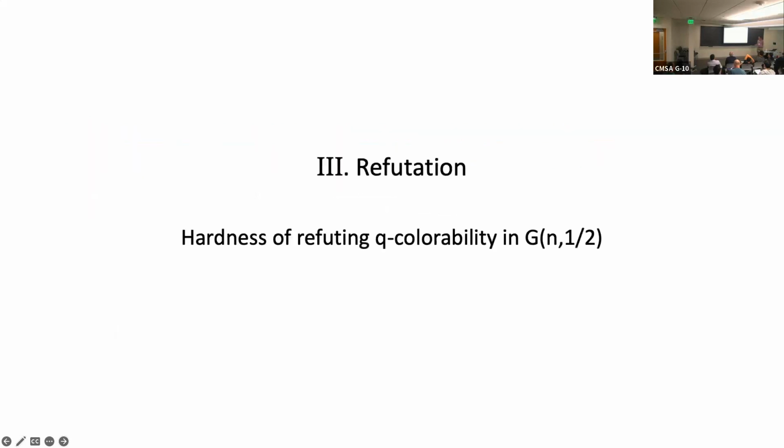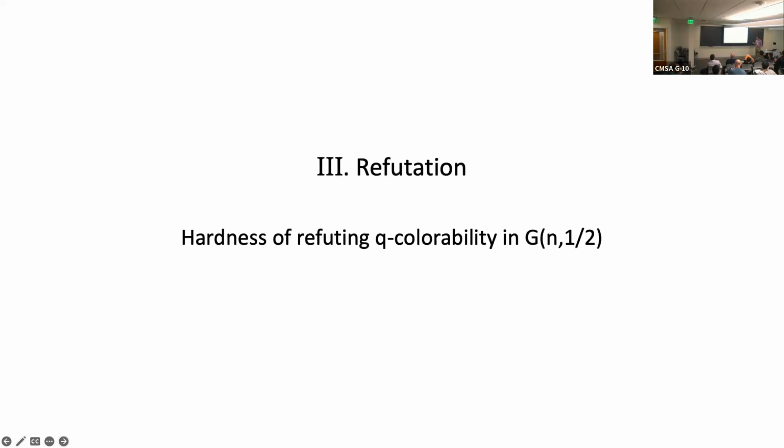Okay, so back to the main thread now. I want to attack the same kind of refutation version of the question. Remember, the graph I give you is just a purely random graph. The goal is to refute the Q colorability, right?